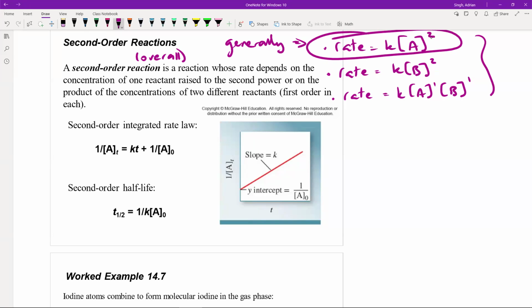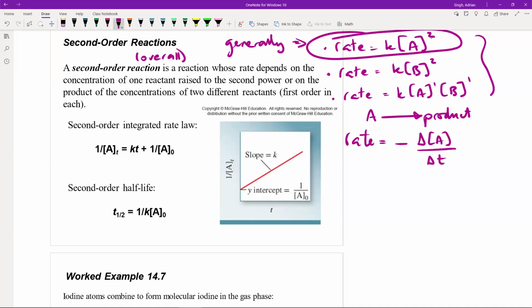So as we saw, we have rate here being equal to the general rate equation. If we have, let's say, for example, A turning into a product, we can write the rate expression for this. A disappears, so it's negative value delta A over delta T, right, over time.